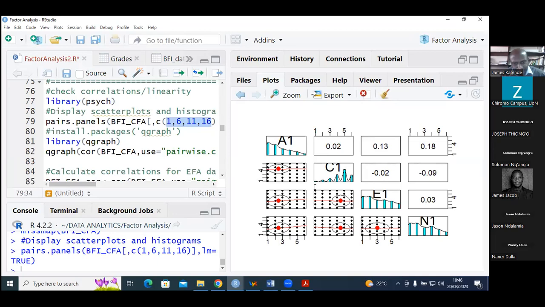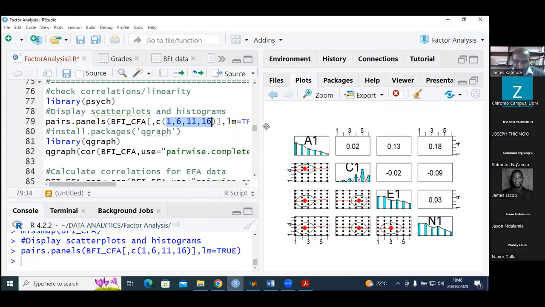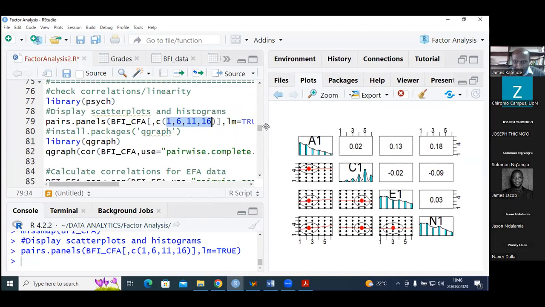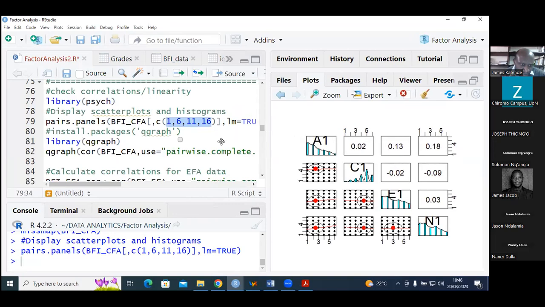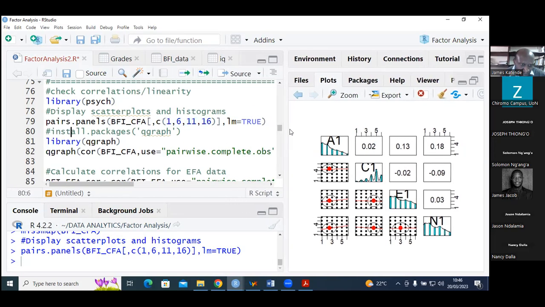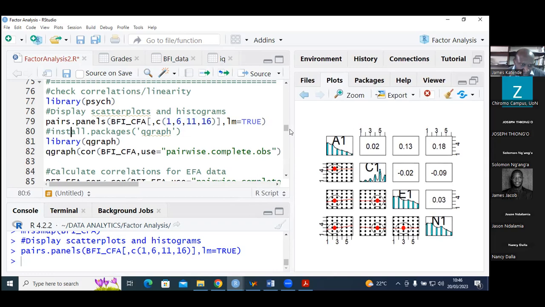Here, the data is not so linear, likely because of this categorical nature of the data. But you can also view the correlations using this other package called QGraph.